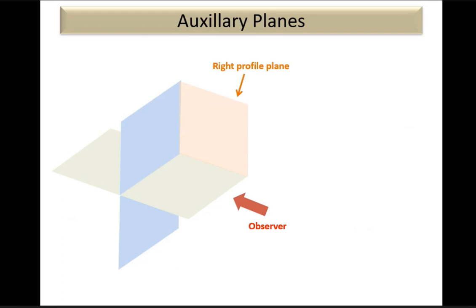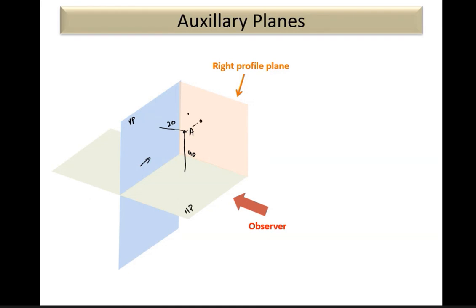Okay. So what do we get in this particular profile plane? Let's say we take our previous example, point A, which is again 20 mm in front of VP and 40 mm above HP. What do we get in this? We will look at it from here, and we'll have a projection like this.